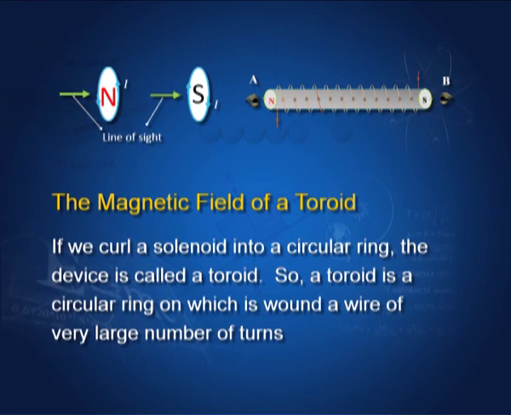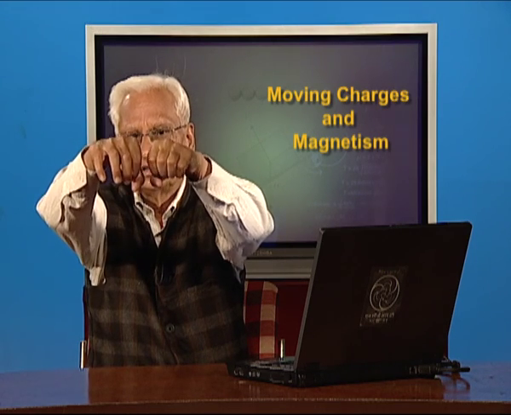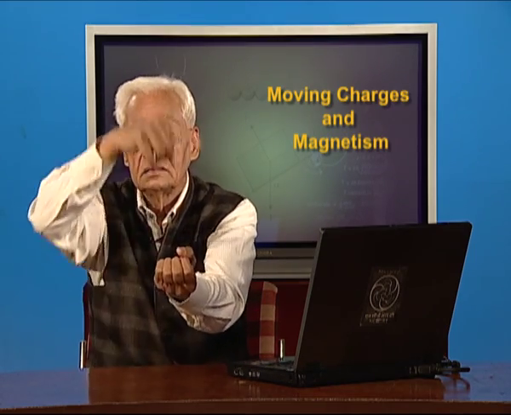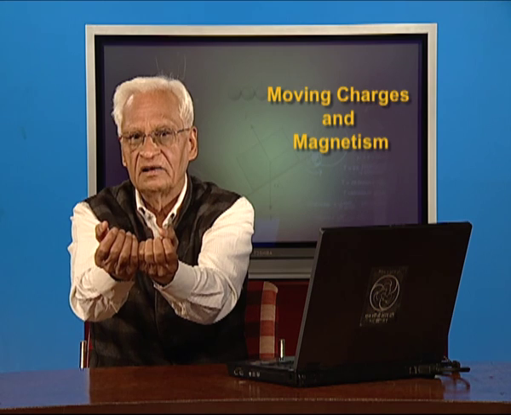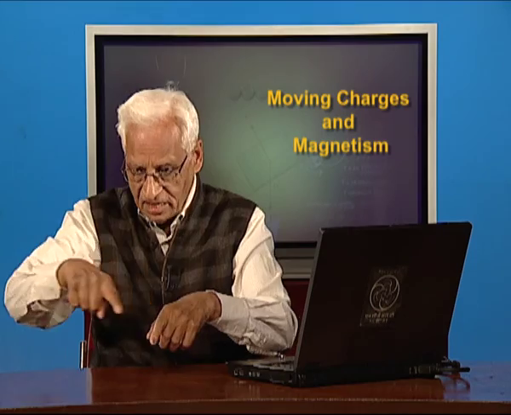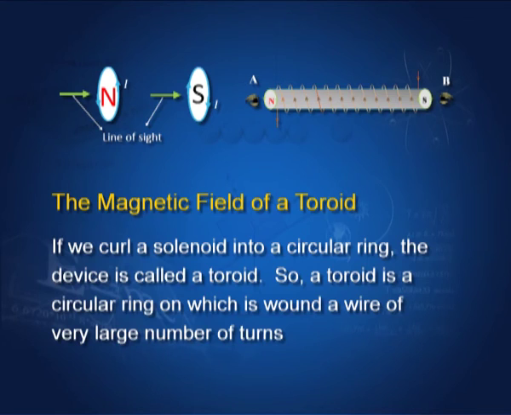If you bend this solenoid, then it becomes a toroid. You see this solenoid here, these are the two ends, then I connect them like this, make a circular ring, and this then becomes a toroid. And because the field was near the axis of the solenoid, the field now is again along the axis of the toroid.